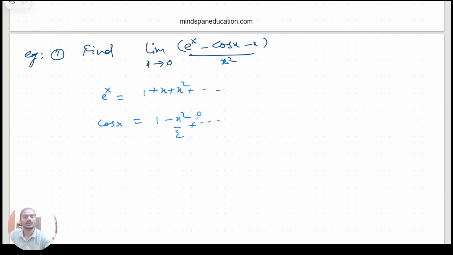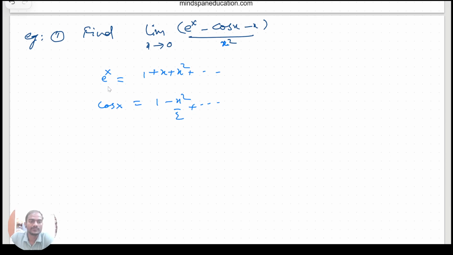Now see, if we subtract this cos x from e raised to power x, then 1 will be gone, x will be there, and x square by factorial 2, means x square by 2, minus minus x square by 2. Okay, this x square by 2 and x square by 2 will become x square.